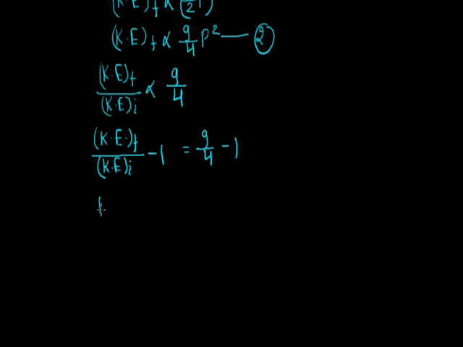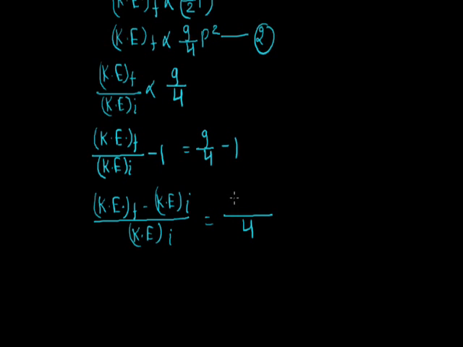By solving this we get change in kinetic energy, means kinetic energy final minus kinetic energy initial upon kinetic energy initial, by taking LCM, 9 minus 4, we get 5 by 4.